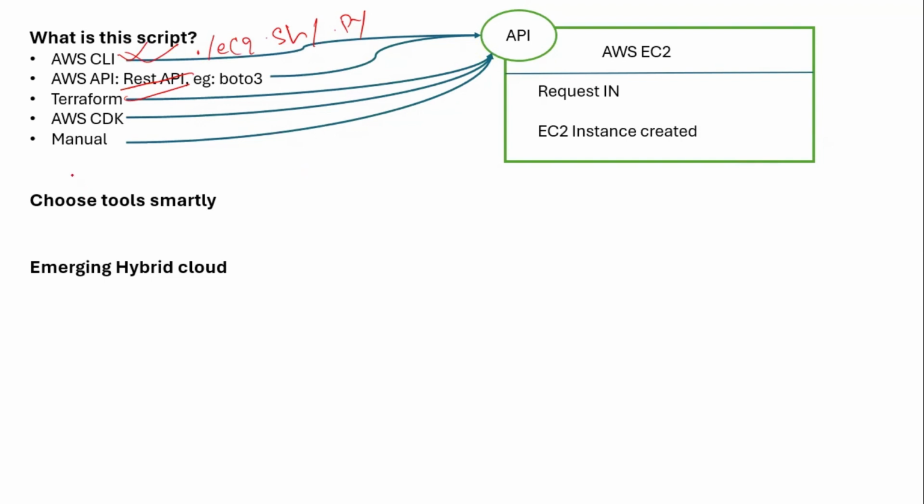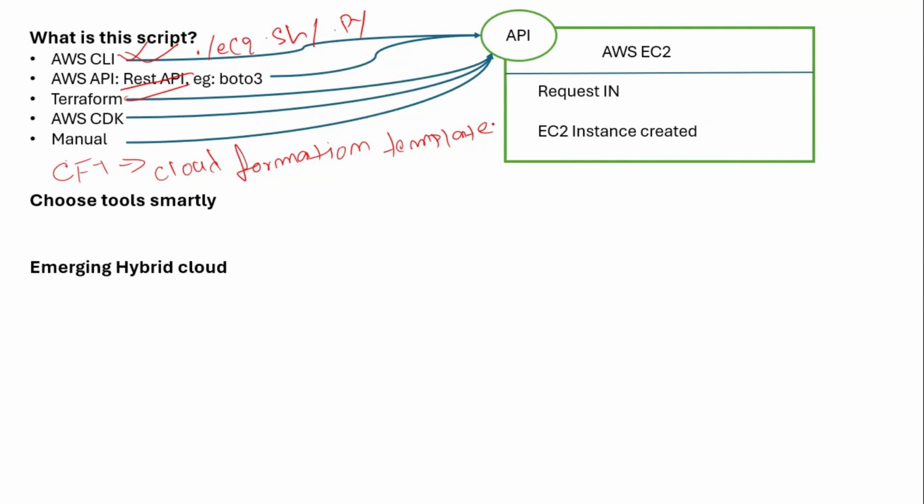Quite the same thing you can do by using AWS CFT, also known as CloudFormation Template. This is another very important service which AWS offers, and within this service you can create a script which is very much native to AWS.